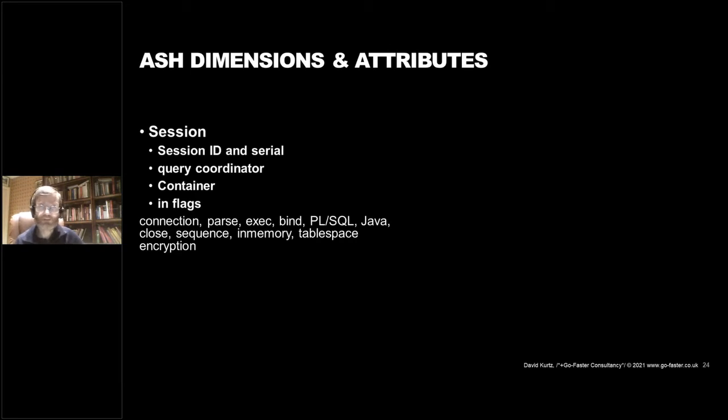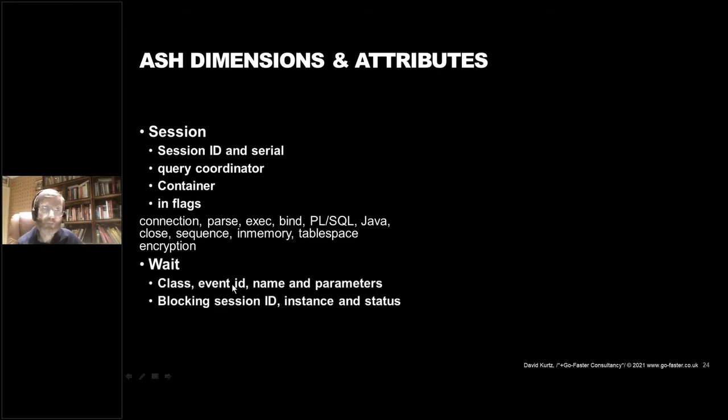Was it in parse, in execute, was it looking at bind variables, and so on. So you can kind of see what's going on. You get information about the wait event: class, event, the event parameters, which might be useful. It might be a file and block. And you get the information about the blocking session if you were blocked by another session, even, since 11g R2, on another RAC instance.